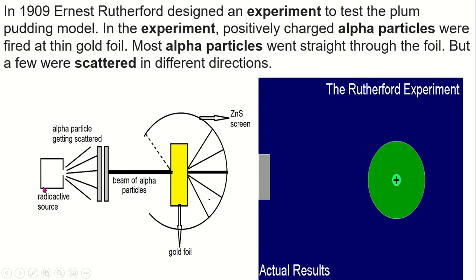So here, some radioactive substance is radiating alpha particles, and this is the gold foil.